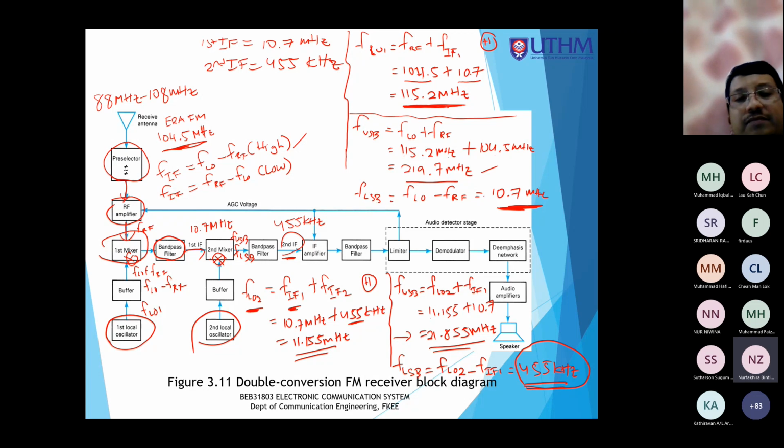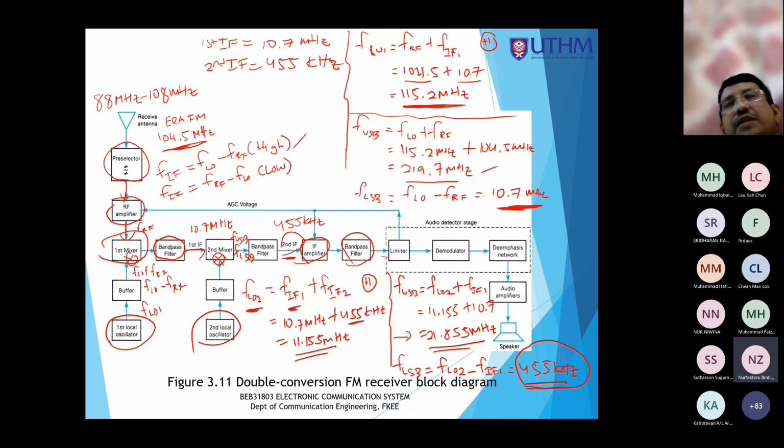Then it will pass through the IF amplifier to amplify the amplitude, and then pass through the bandpass filter to remove all the unwanted harmonics, and then pass through the limiter.